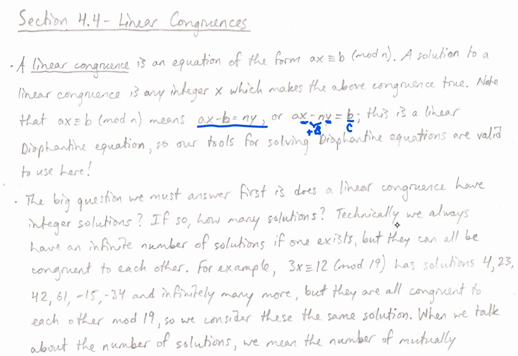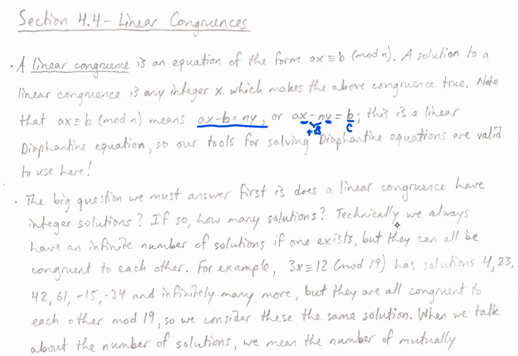Well, you can try 23, you can try 42, try 61. If you plug all of those in for x, this linear congruence holds. You can also do minus 15, minus 34, minus 53, minus 72, and all of those are going to make this linear congruence true as well.